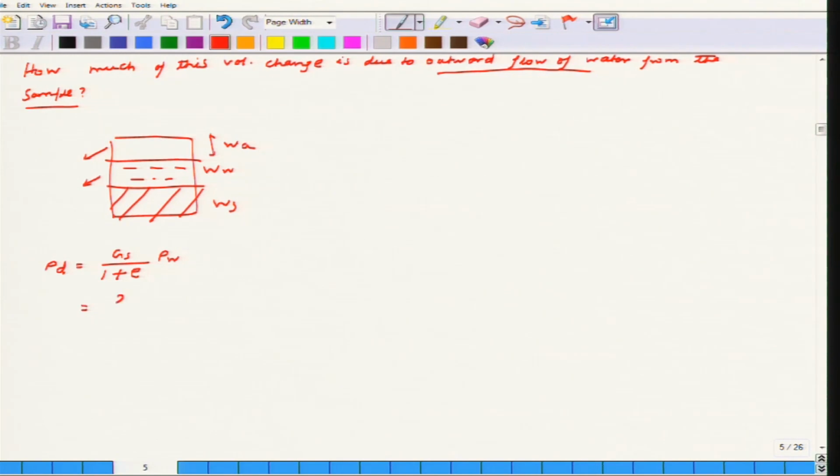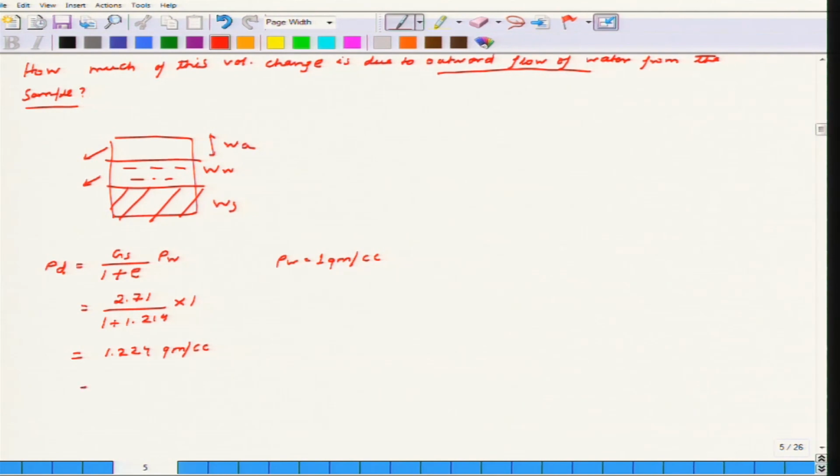Now Gs is given as 2.71, while e is given as 1.214 initially, before the isotropic compression, because it depends on the initial void ratio of the soil. Rho w is 1 gram per cc, which is known to all because it is the density of water. This comes out to be 1.224 gram per cc.